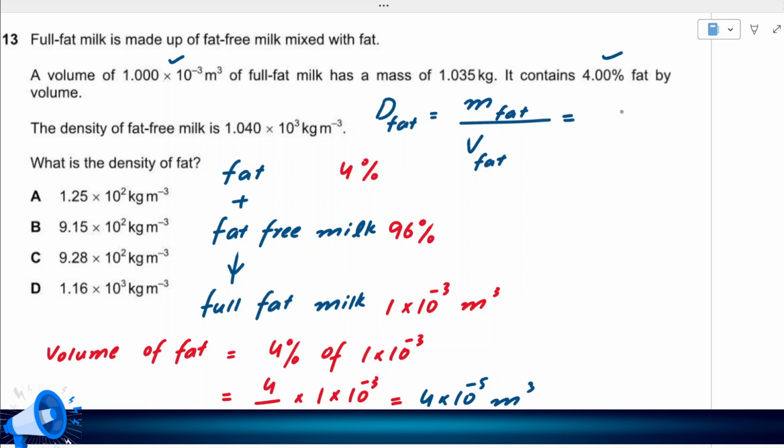So we know this value now, that the volume of this one is 4 into 10 to the power minus 5.